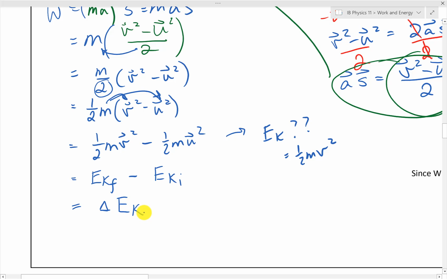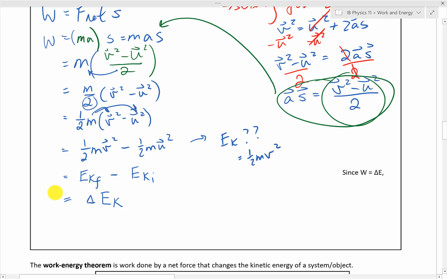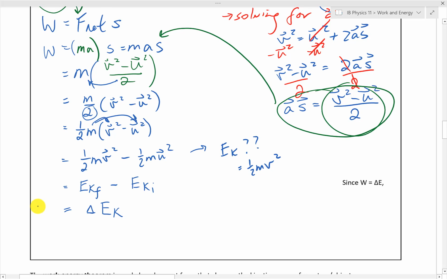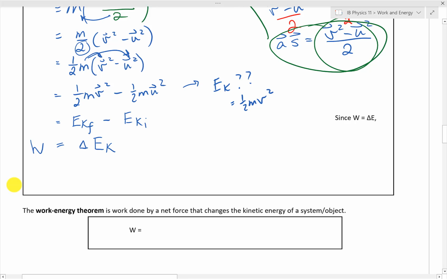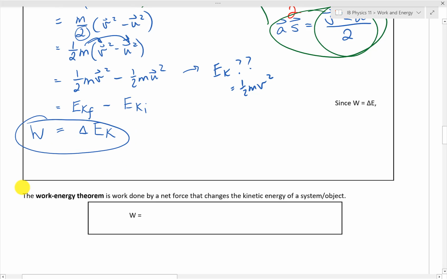Oh my god! So all of that came from the work done by the net force. Sometimes we just call it the work done on the object because it assumes it sums up all the forces acting on the object anyways. So here, we've just shown that the work done on the object is equivalent to the object's change in kinetic energy. So the work done by a net force causes the change in the kinetic energy.